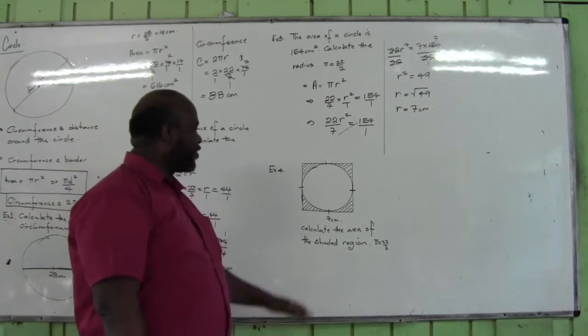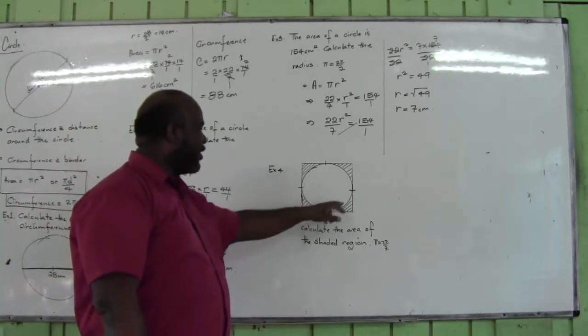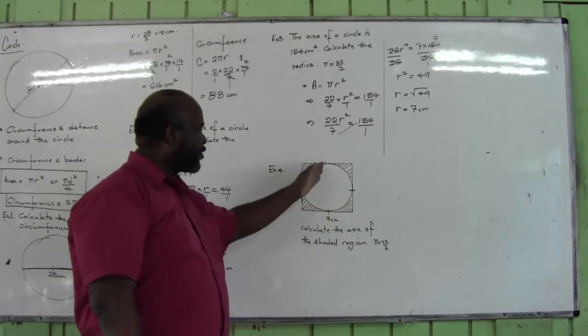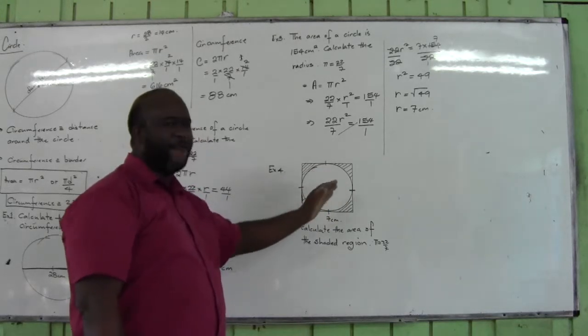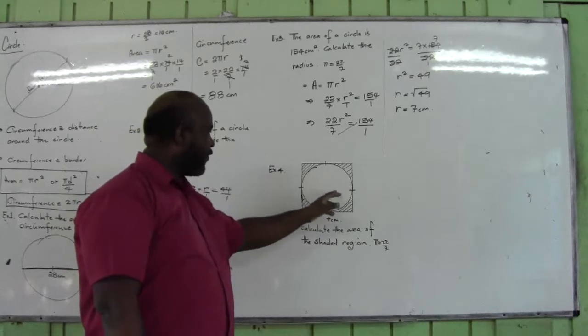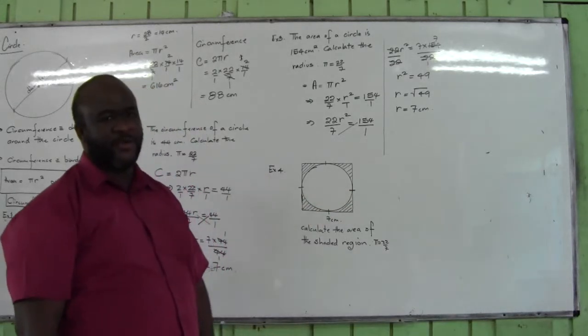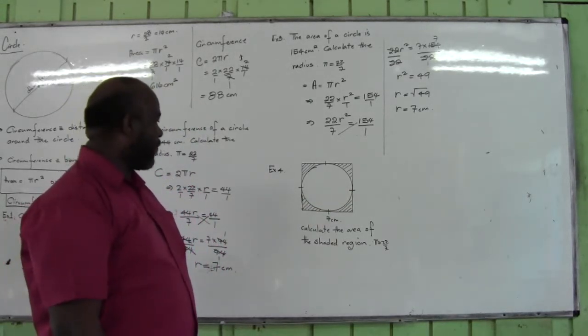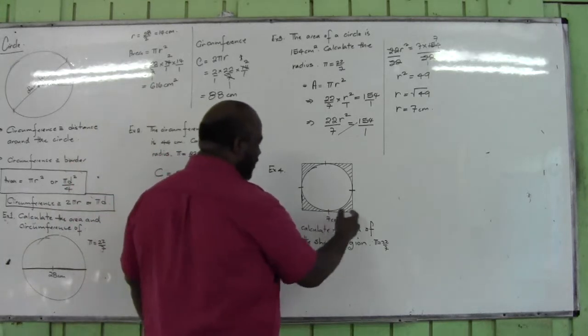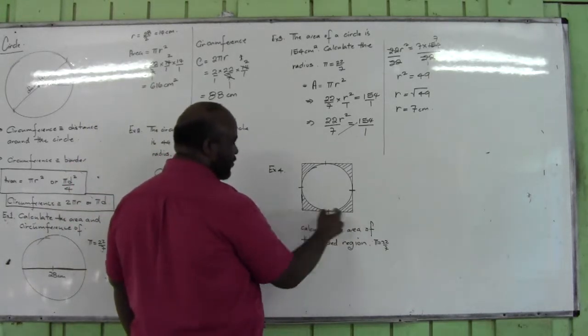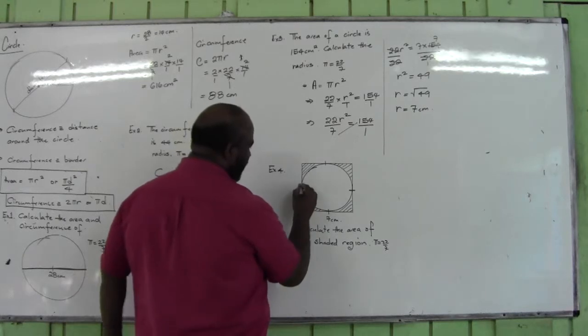Alright? And the circle is touching the square at what? At 4 places. On the 4 sides, the circle is touching the square. So this is the length of the square, which is 7.